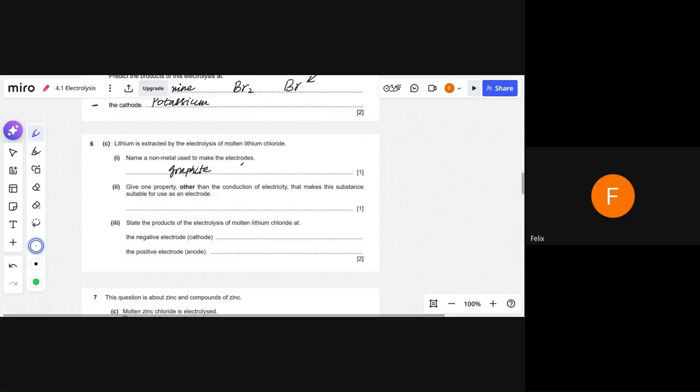Any electrode must have two properties: it should be inert, and it should be able to conduct electricity. Sometimes reactive electrodes can also be used for electroplating and so on, but normally for electrolysis we prefer inert electrodes.